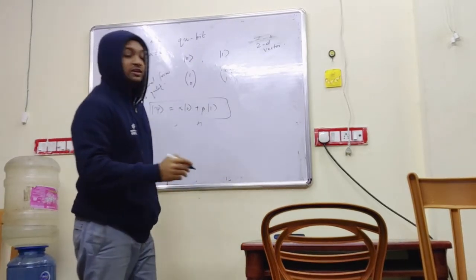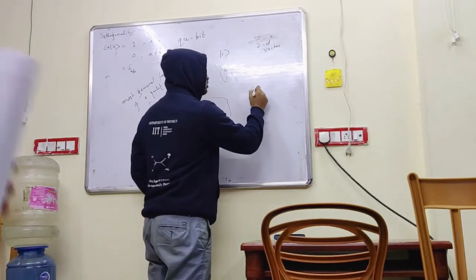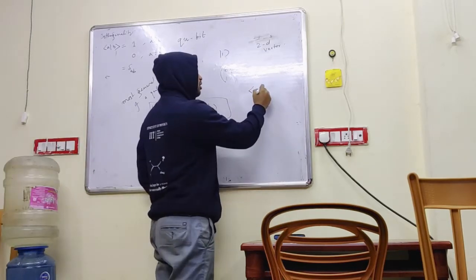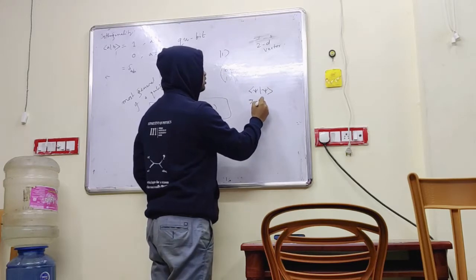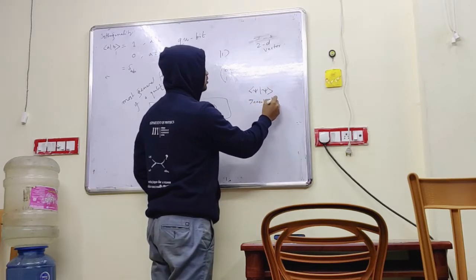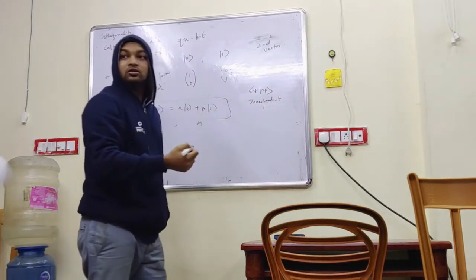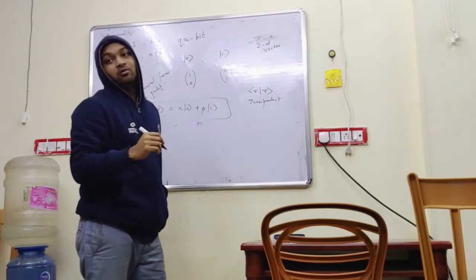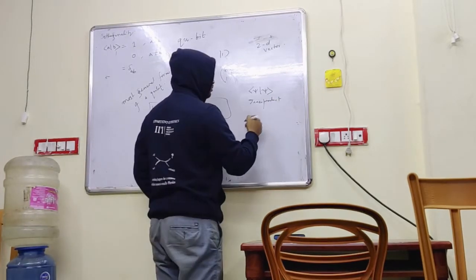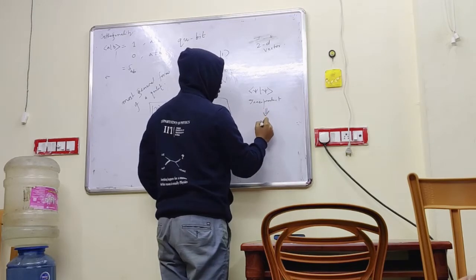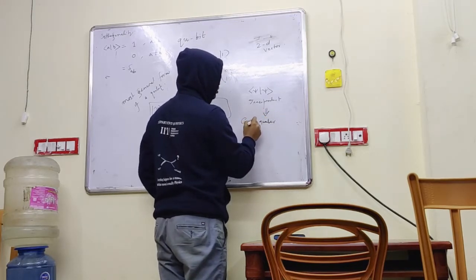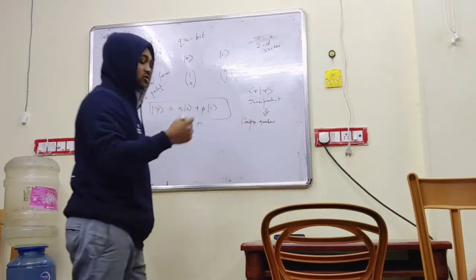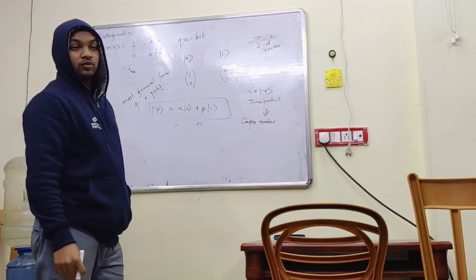So this thing, a bra clubbed with a ket is called an inner product, the result of which is a number. What kind of number? A complex number. Okay?